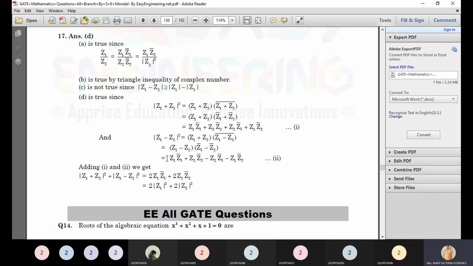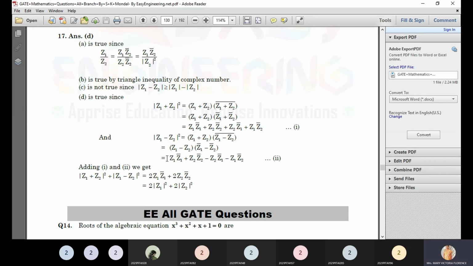So we can write this as z1 minus z2 into z1 bar minus z2 bar. If you multiply, z1 z1 bar plus z2 z2 bar minus z2 z1 bar minus z1 z2 bar. So if we add equations 1 and 2, the terms z2 z1 bar get cancelled and z1 z2 bar get cancelled.